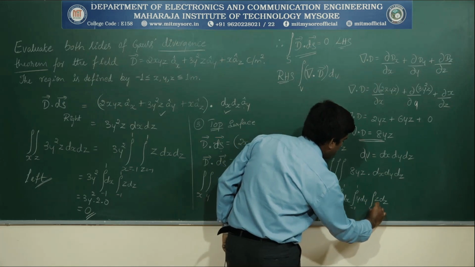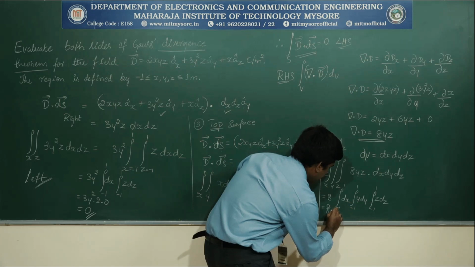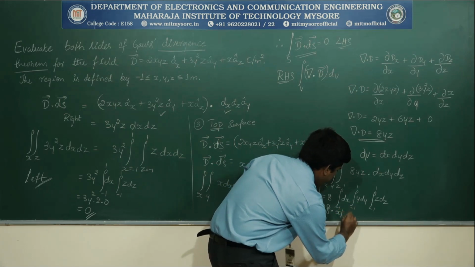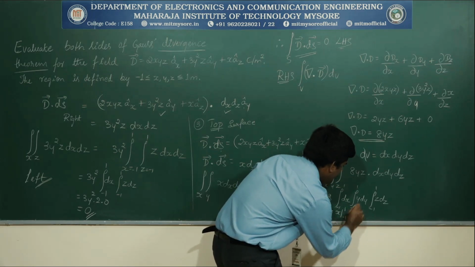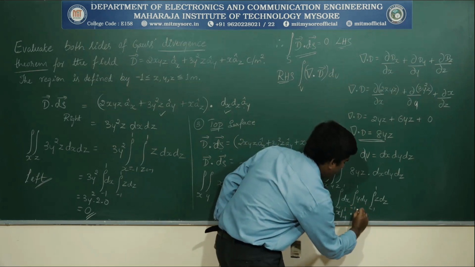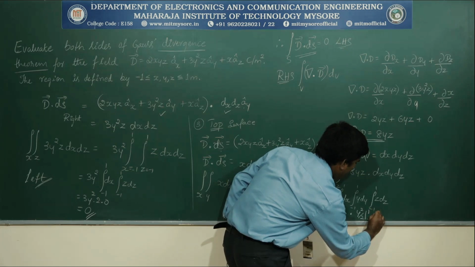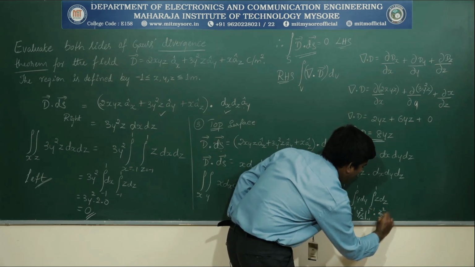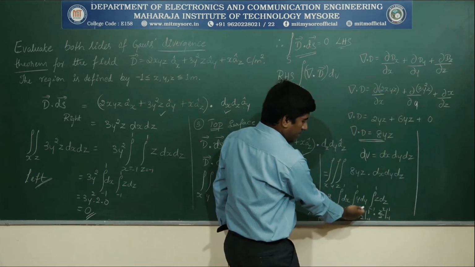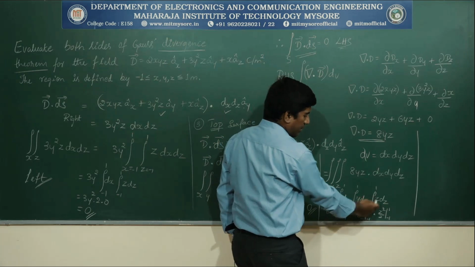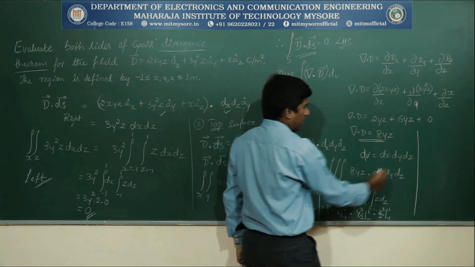What is the integration of dx? That is x from minus 1 to plus 1, into y²/2 from minus 1 to plus 1, into z²/2 from minus 1 to plus 1. If I apply the limits, this quantity becomes 0 and this quantity becomes 0. This becomes 2. So 0 into anything is 0.